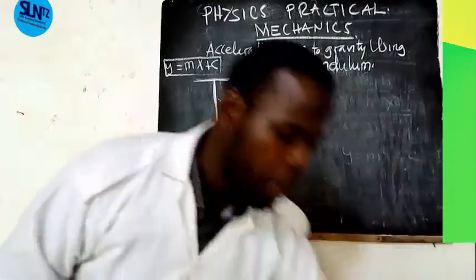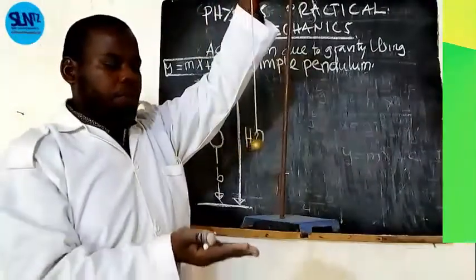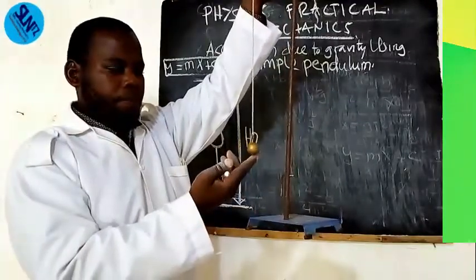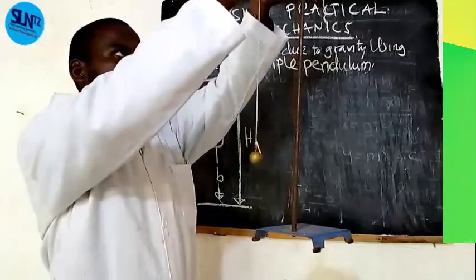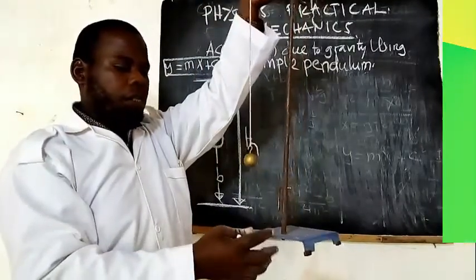It means we have the length from the floor up to here, and we have the height from here up to the floor. You can see this is the floor.